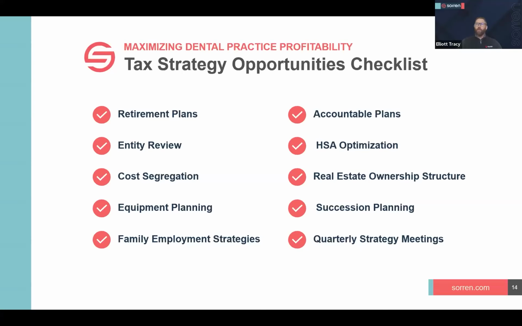You're being proactive. You just know where you're going to be at the end of the year. And there's always fluctuations throughout the year. There's going to be quarters that are going to be better than others. There's going to be times where the practice is going to be in better financial position than others. But you don't know that without doing that planning and understanding how those different times fluctuate.